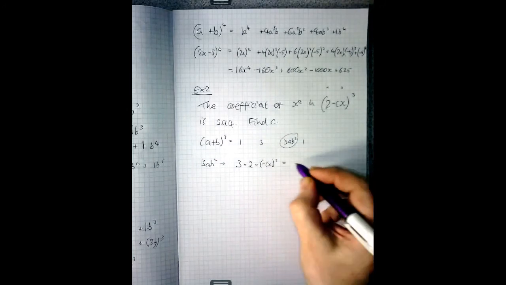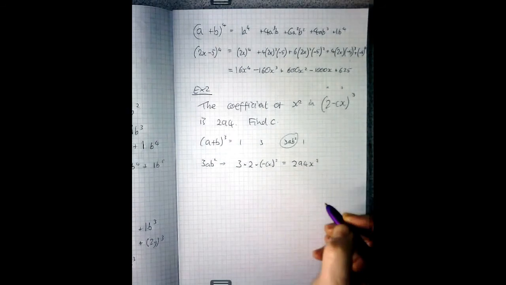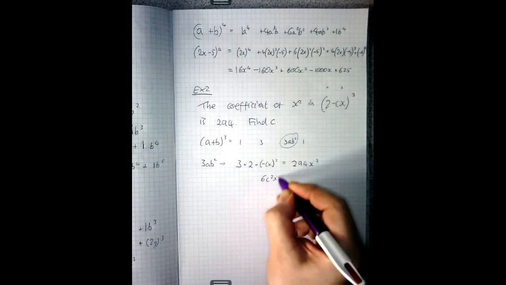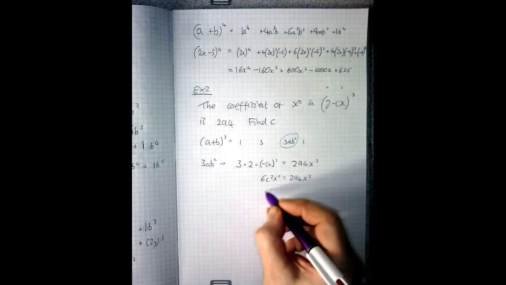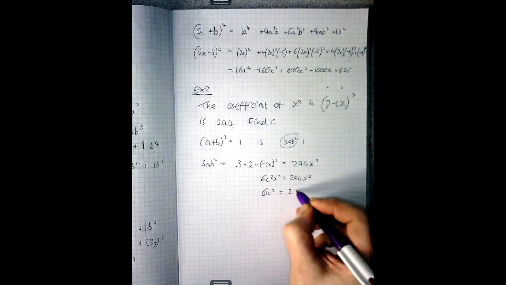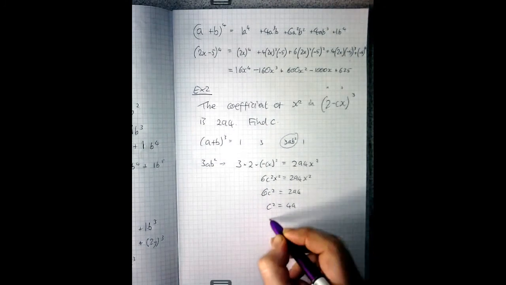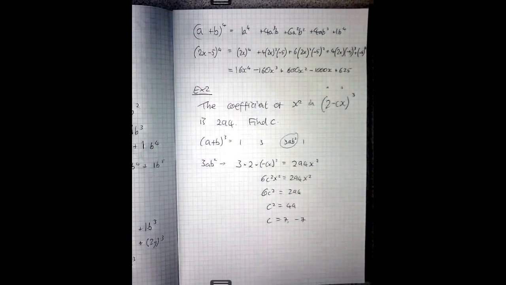Well, that's my x² term, so that's equal to 294x². So 6c²x² is 294x², 6c² is 294, which means c² is 49 and c is 7 or −7.